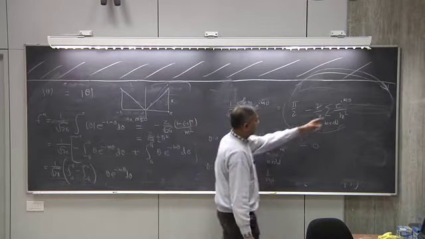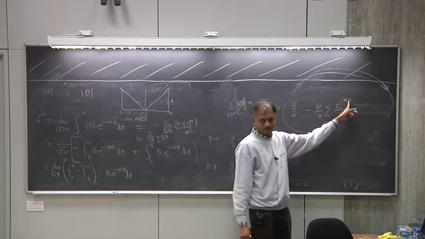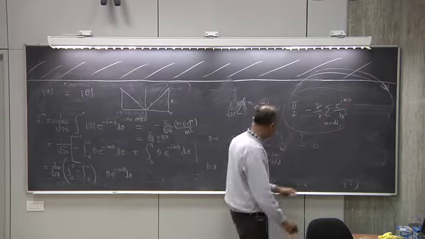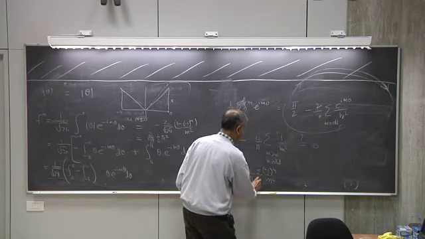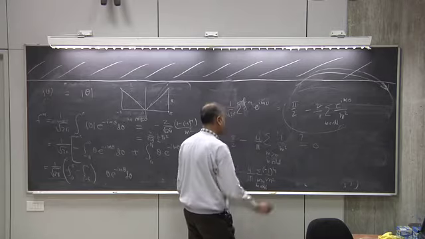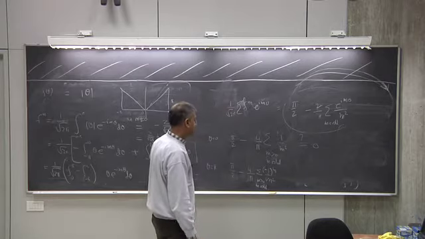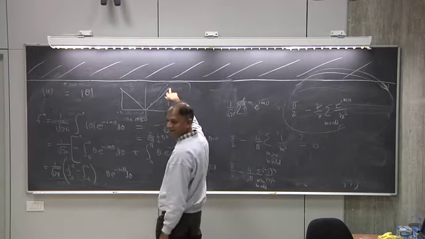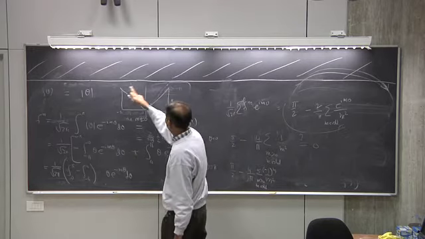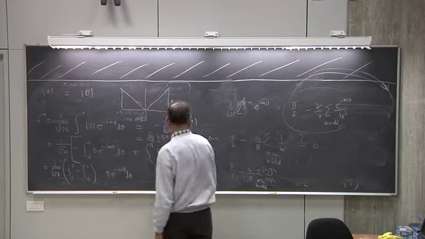But now I have an e to the i m pi, so there's a minus 1 to the m. So you get minus 1 to the m, with m greater than 0 and m odd. And this should be equal to pi, because the average value is the same, both are equal. So it should be just pi.